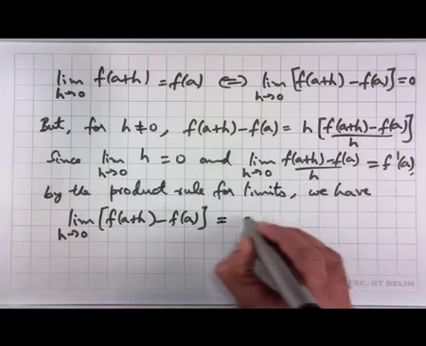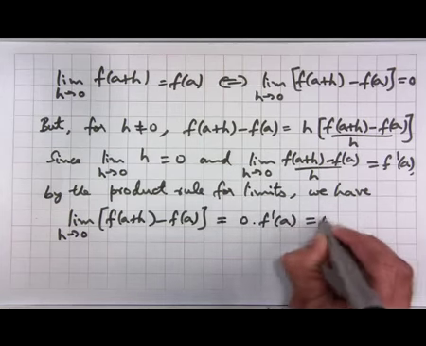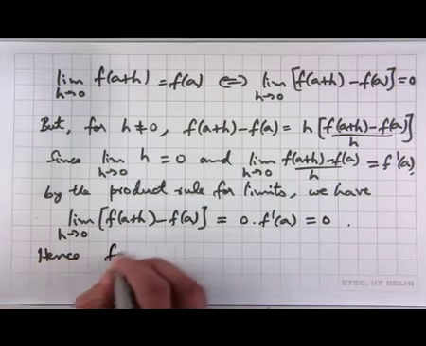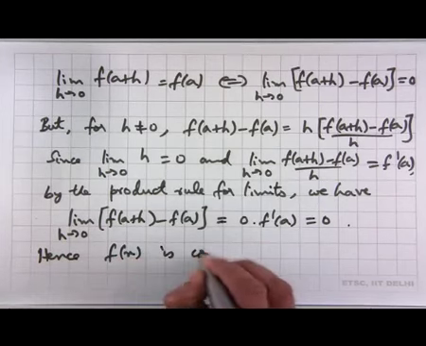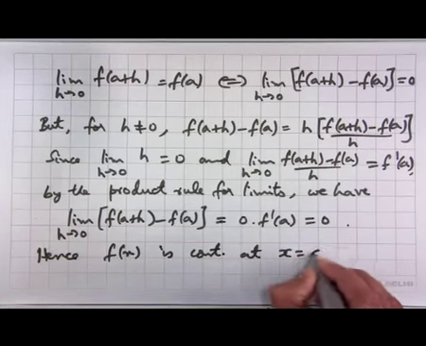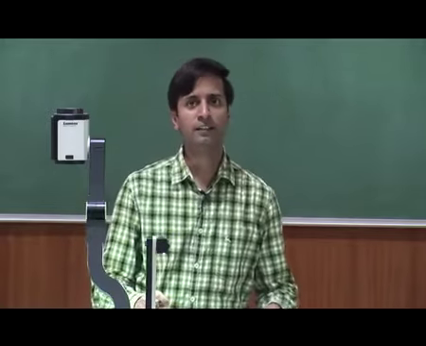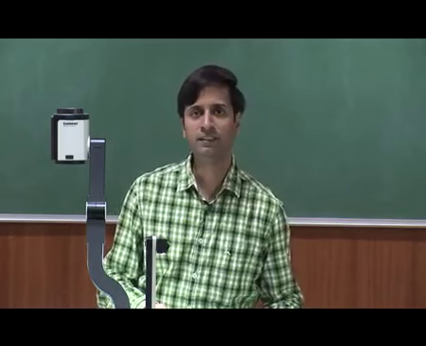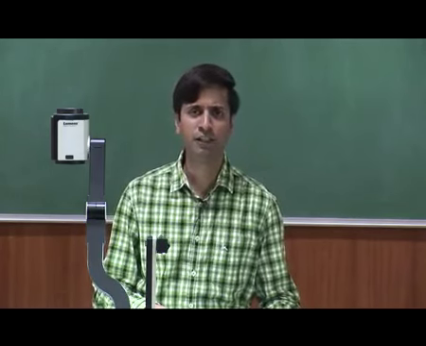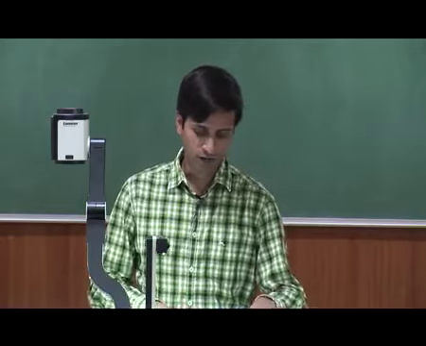So, that is equal to 0 times f prime a, which is equal to 0. Hence, f x is continuous at x equal to a. So, what we have seen is that differentiability of a function at a point implies continuity of the function at that point, whereas continuity need not imply differentiability, that we have seen by a counter example.